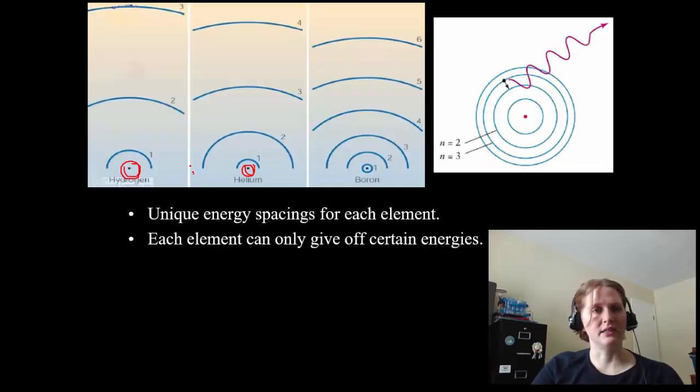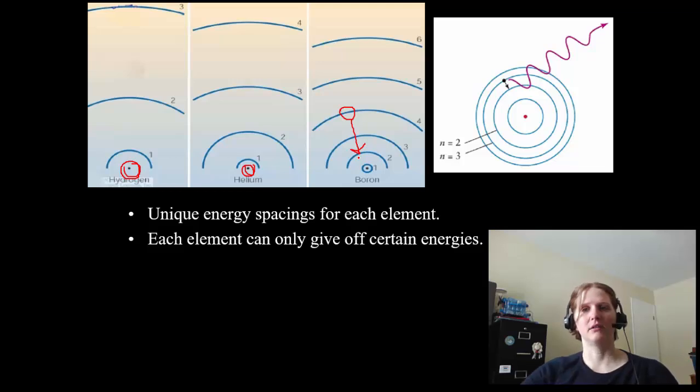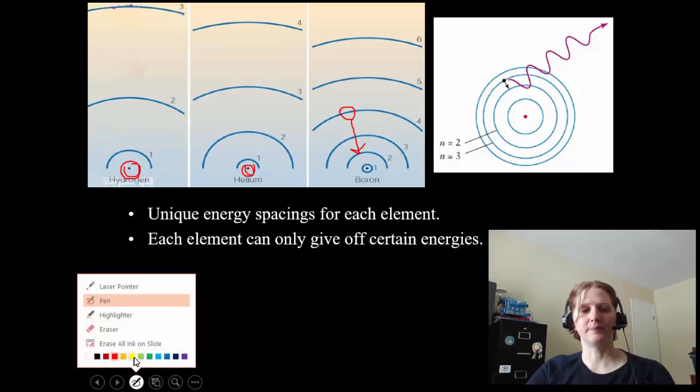So let's pretend here, how about boron? Let's use boron. Let's say an electron drops from 4 down to level 2. And let's say when that happens, it's going to give off red light. The 4 to 2 transition is specifically going to give off red light.